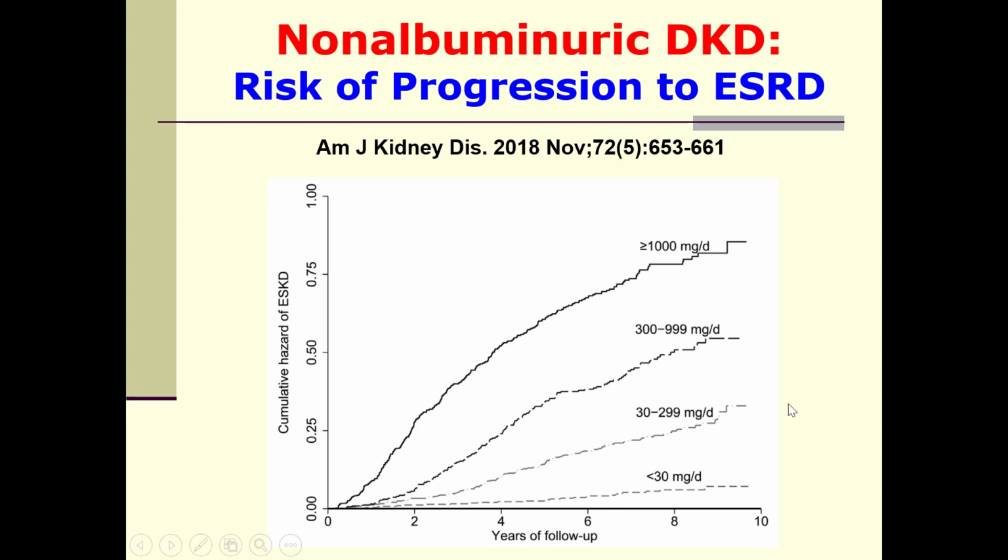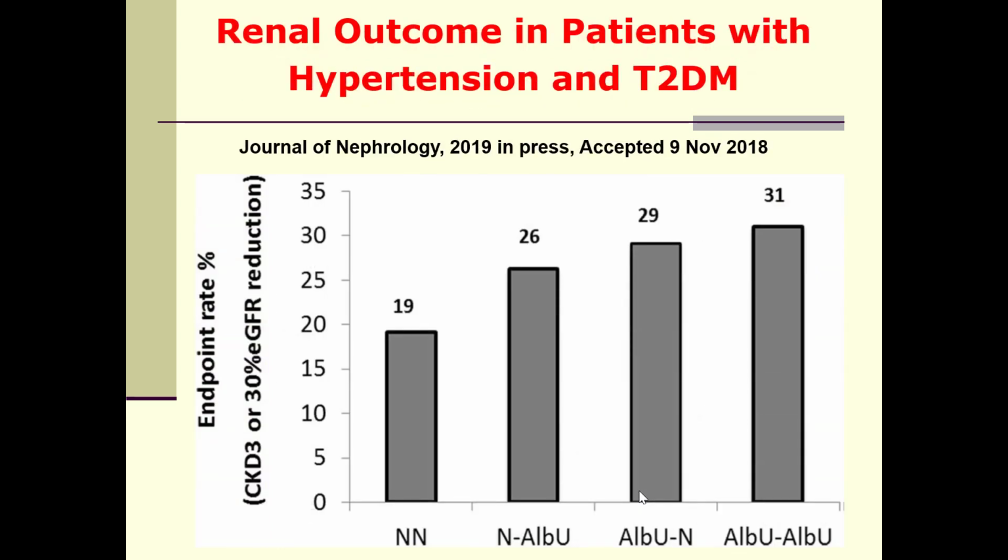The higher the albuminuria, the higher the cumulative hazard of end-stage kidney disease. The lower the degree of albuminuria, the lower the cumulative hazard. To the extent that we can say for patients with normal albuminuria, the rate of progression toward end-stage kidney disease behaves like non-diabetic kidney disease.